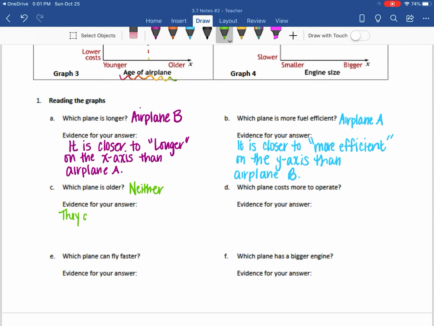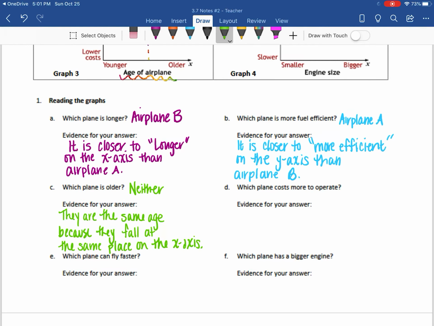They are the same age because they fall at the same place on the x-axis.